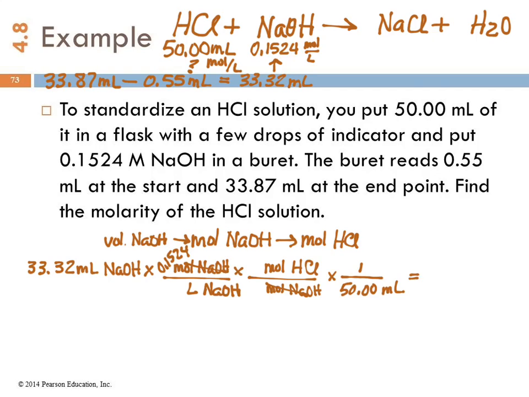So we've got 33.32 times 0.1524. Oh, I forgot to write numbers in for the mole ratio. In this instance, it's 1:1. And that's why if we forget to take that into account, it doesn't matter this time, but other times it will.